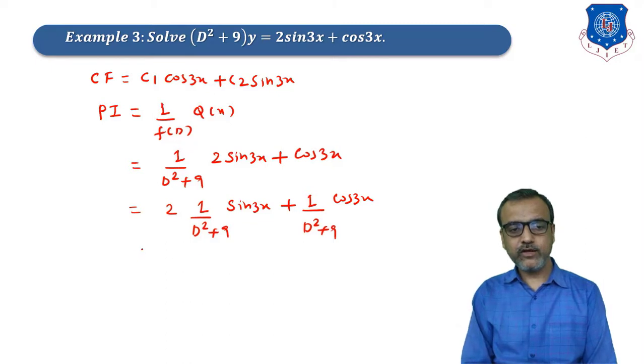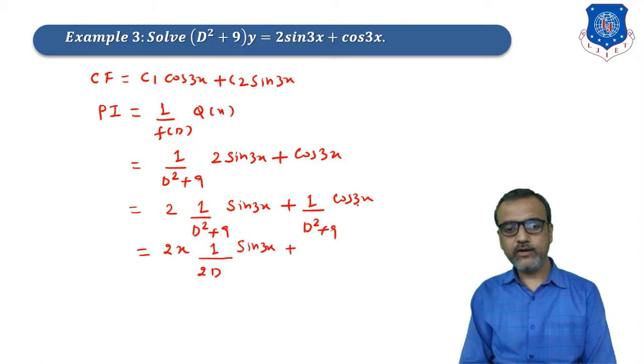So here what we will do, we will multiply numerator by x and we will differentiate the denominator. Derivative of D square is 2D, 9 is a constant value and its derivative is 0, sin 3x will be as it is. Now again over here if you replace D square by minus 9 you will get 0. So we cannot directly put the value of D square equals minus 9.